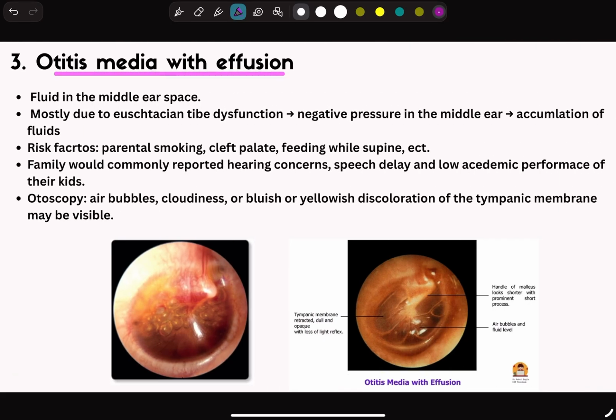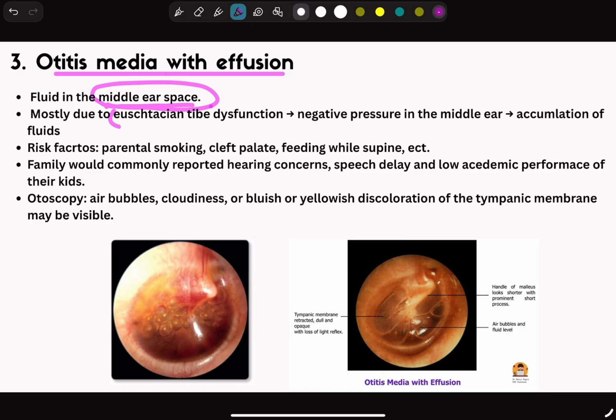Otitis media with effusion. It is fluid in the middle ear space, which is not supposed to be there. As we said, the middle ear space should be nice and well aerated. What is actually happening?